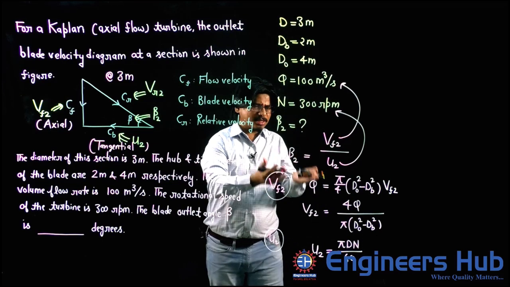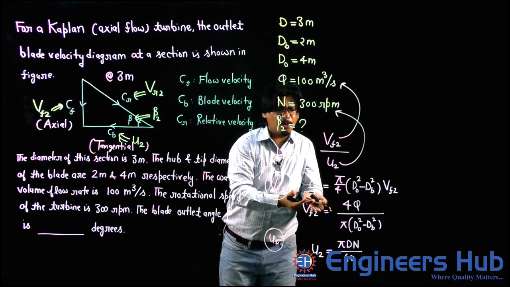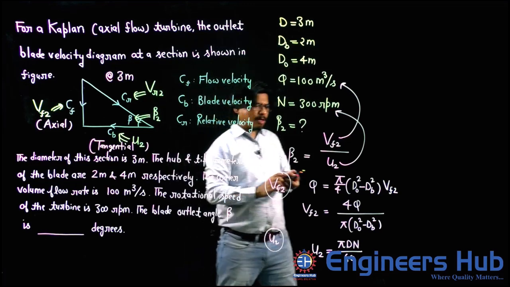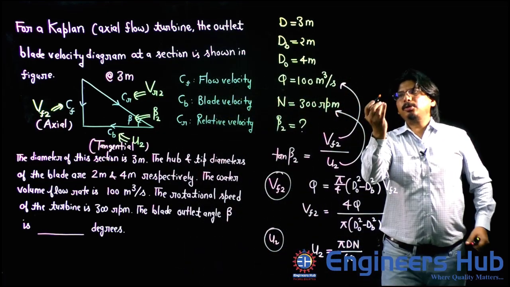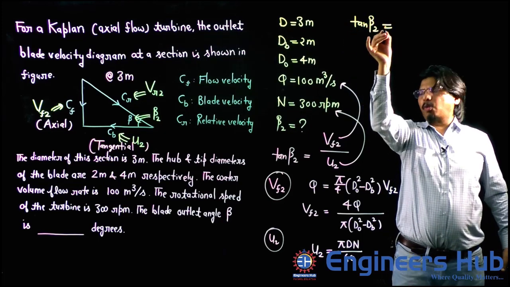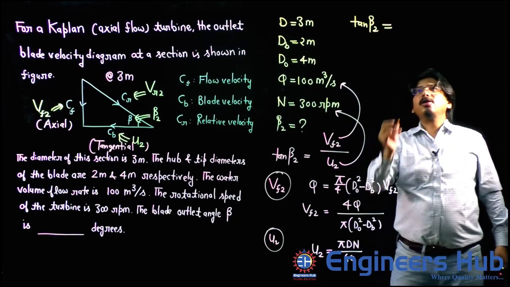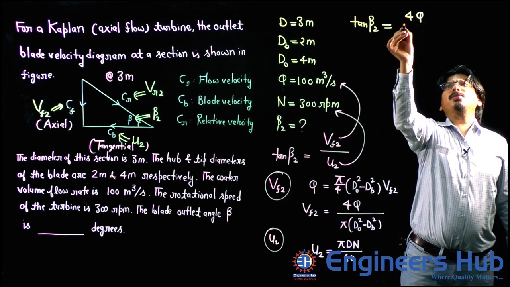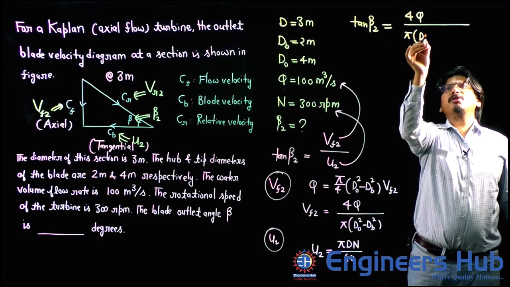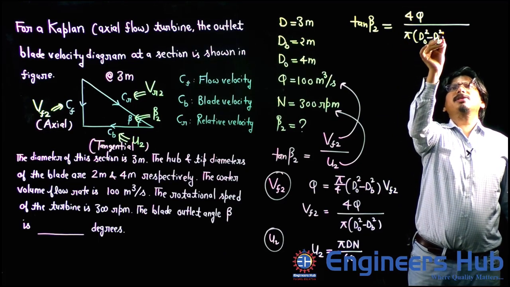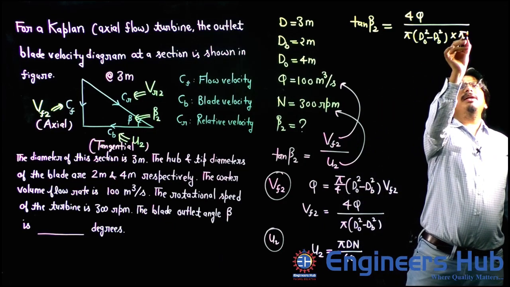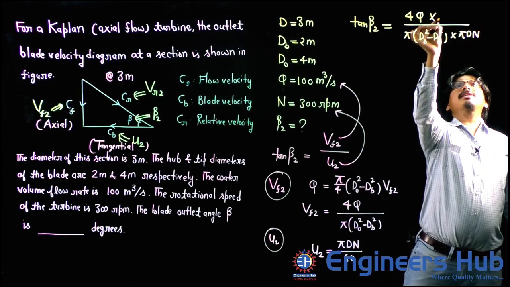Now it's very simple. Just substitute this VF2 and U2 over here, and then take the tan inverse, and we will get beta 2. So let us substitute. Tan beta 2 is equal to VF2 over U2, that is 4Q divided by pi into dO square minus dB square, over pi dN by 60.